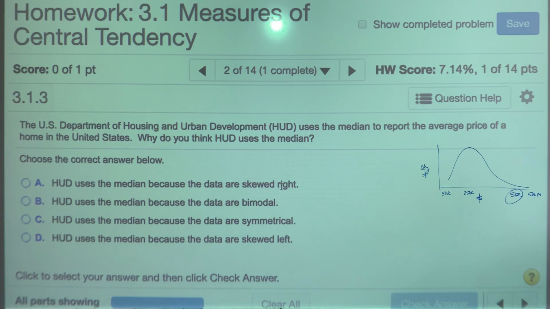But just due to basic economics, supply and demand, socioeconomics, all those things, and the job market, we have more people in this range who can afford these types of homes. You're going to see this quantity of homes being higher. So that's what they're talking about here.